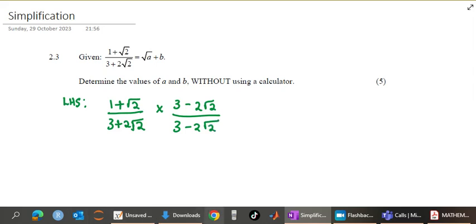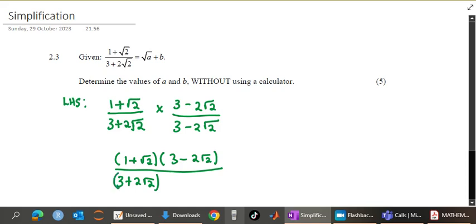Okay, so that means it will be 1 plus square root of 2 times 3 minus 2 square root of 2, all over 3 plus 2 square root of 2 multiplying by 3 minus 2 square root of 2.